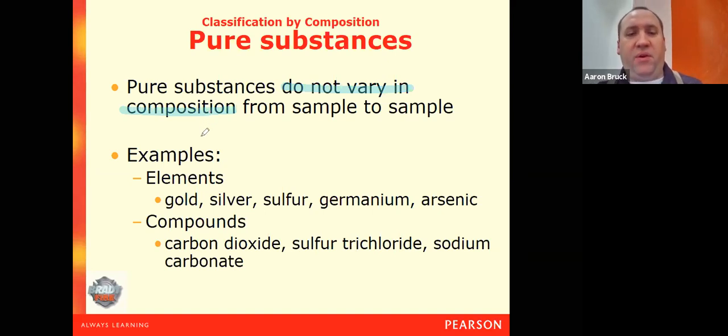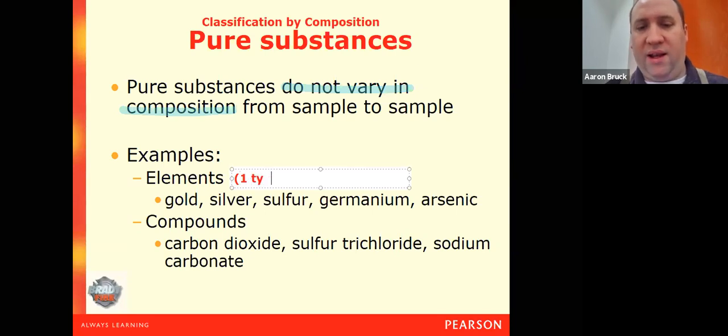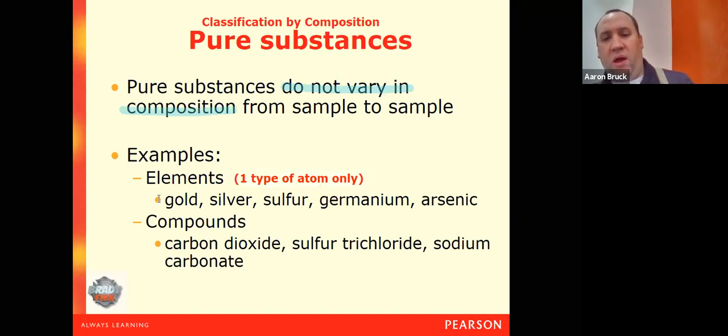And so within pure substances, we have elements. Elements we can classify as having one type of atom only. So here's where our periodic table of elements is going to come in. We're going to talk about things like gold, silver, sulfur, germanium, carbon, nitrogen, oxygen, arsenic, tantalum.